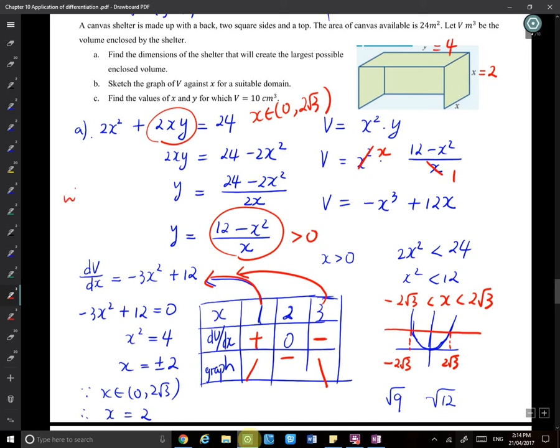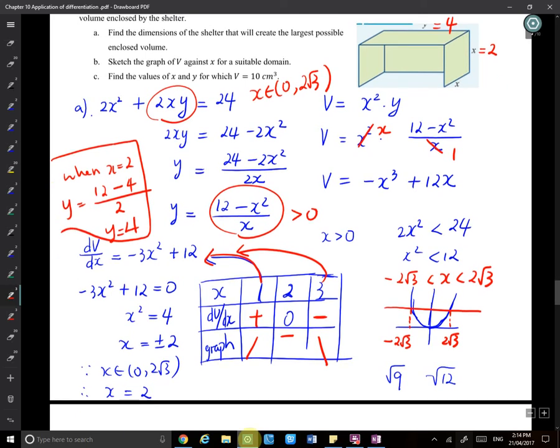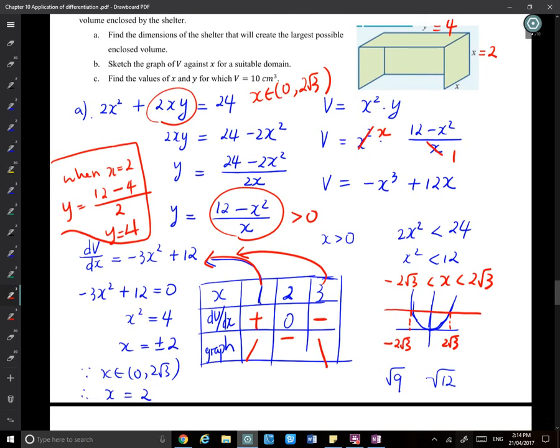When x equals 2, y equals 12 minus 4 divided by 2, 8 divided by 2 is 4. So the dimensions are x equals 2, y equals 4.